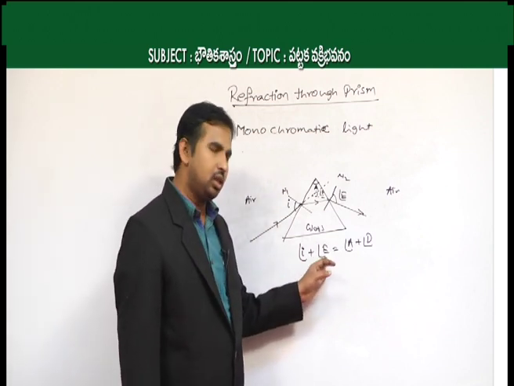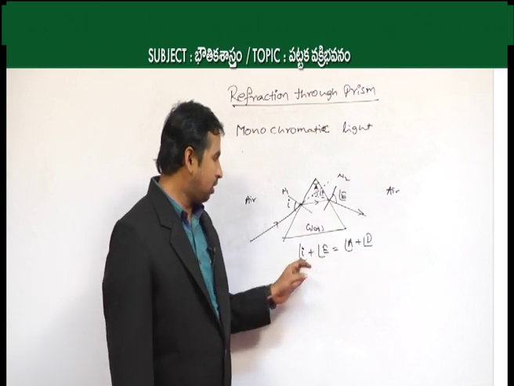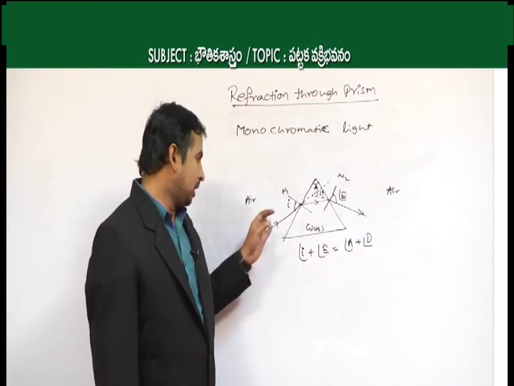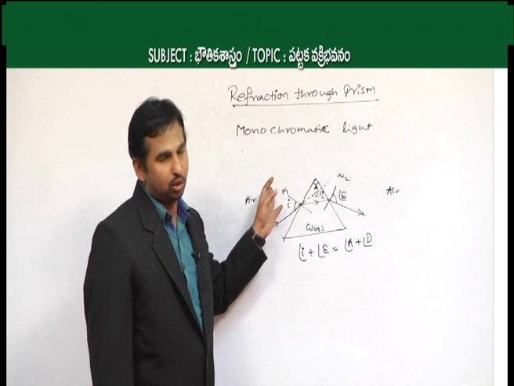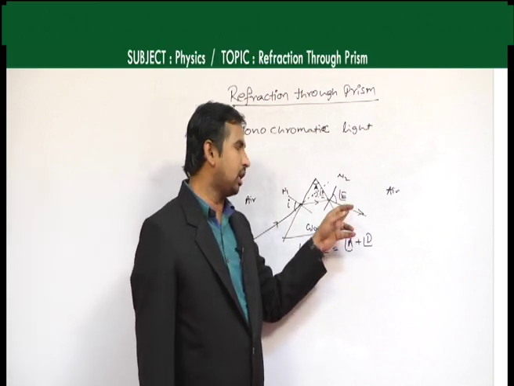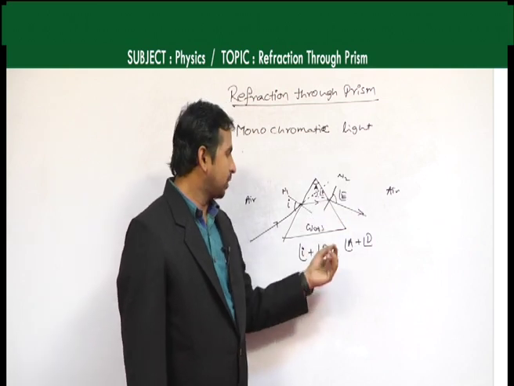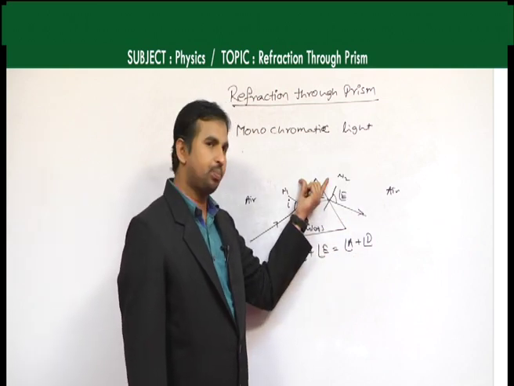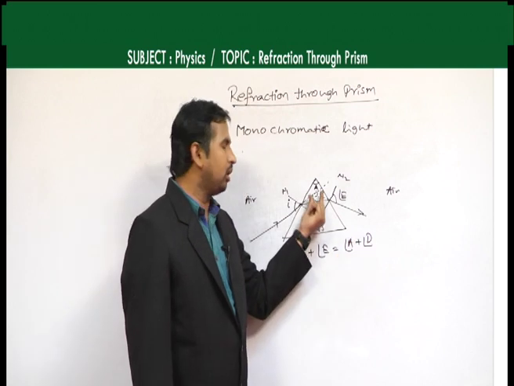I plus E is equal to A plus D, where I is the angle of incidence, the angle between the incident ray and the normal, E is the angle of emergence, the angle between the emergent ray and the normal, A is the angle of the prism, and D is the angle of deviation.